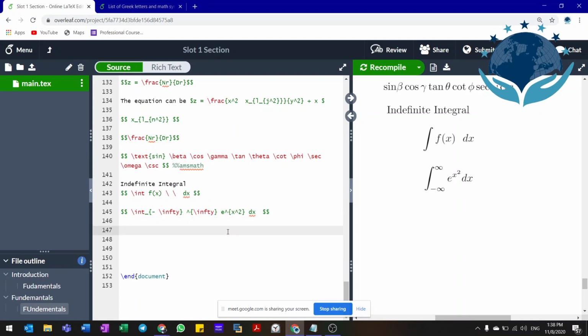Similar to the Gaussian distribution, not exactly the Gaussian distribution. Next thing we are going to talk about is domain integral. Domain integral is the specific case of the definite integral.